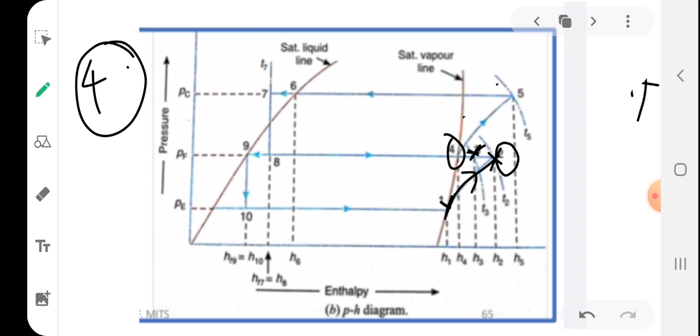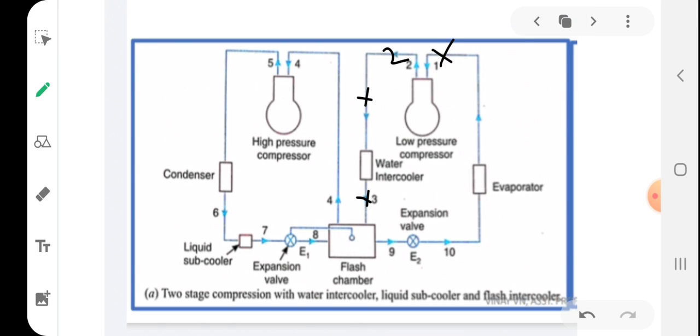Okay. By cooling through the water intercooler, it doesn't mean that it is completely cooled. Its temperature is not completely reduced up to the saturated vapor line. It hasn't reached the saturated vapor line yet. To reach the saturated vapor line, even more cooling is required. So how will you do that?